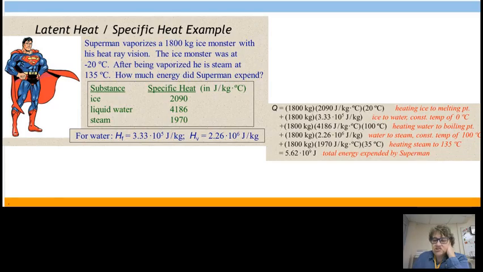That vaporization, we're going to use the latent heat of vaporization. The next step is we're going to superheat, so we're going to use the specific heat, but this time of steam, and the change in temperature. We're going to take each of those and calculate them and then add them all up.